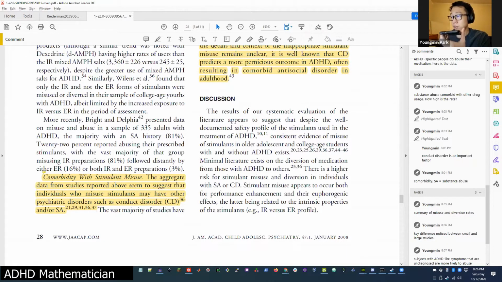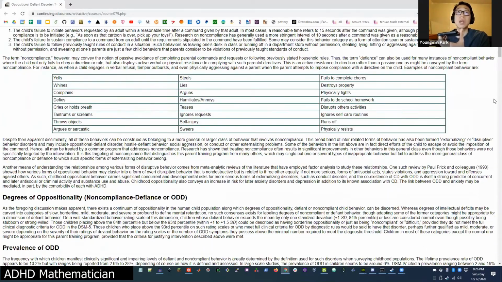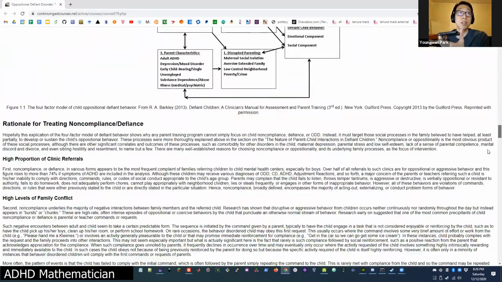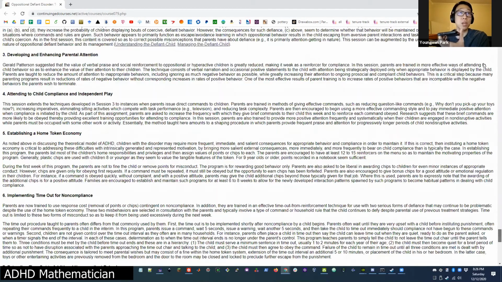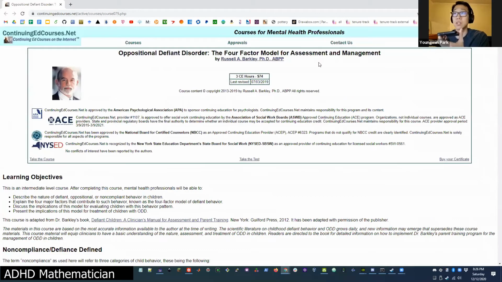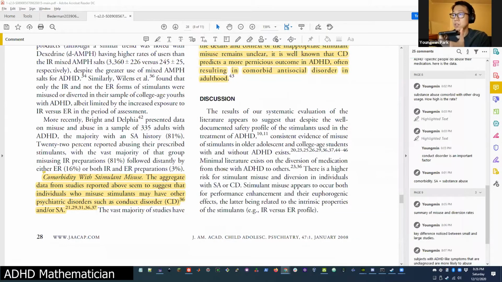And I want to mention conduct disorder. Dr. Russell Barkley goes into a good amount of detail about conduct disorder. I'm not saying at all that you should pay for this, but this page goes through a lot of details about conduct disorder, and I might do a summary of this page, just because that is such an interesting topic. I'll link to this. Maybe I'll take a look at it in the future. And something interesting that Russell Barkley mentioned in one of his lectures is that if you have ADHD and conduct disorder, it's one of the biggest indicators of psychopathy.